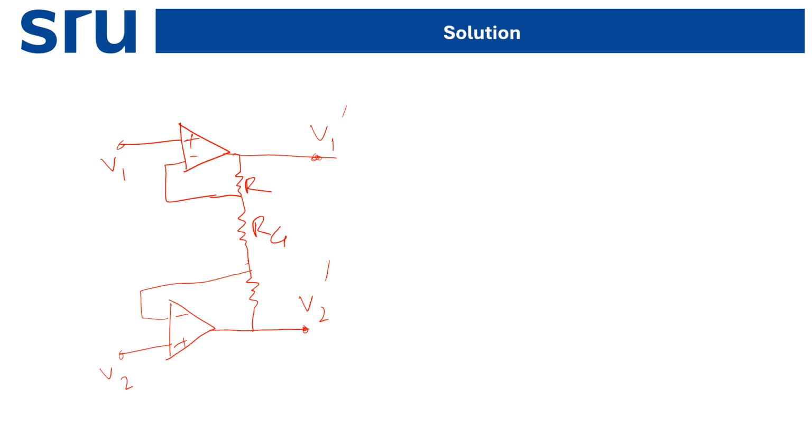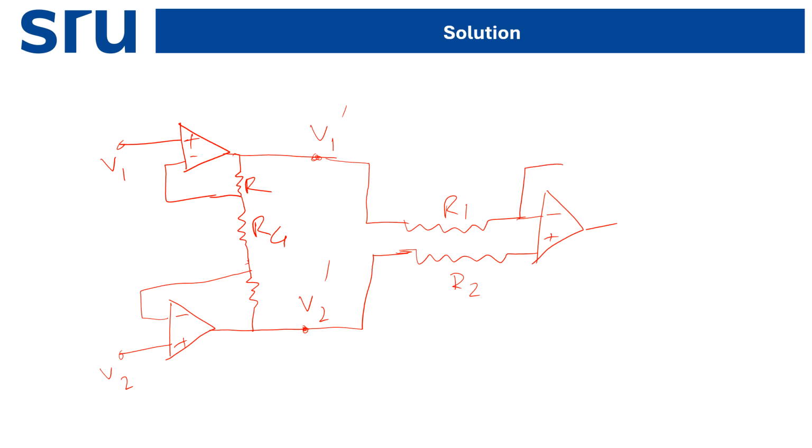Now these two will connect with another stage of op-amp amplifier. At these two inputs we call the resistors R1 and R2, and this is another differential amplifier where we have the resistor Rf, and this is the final output.